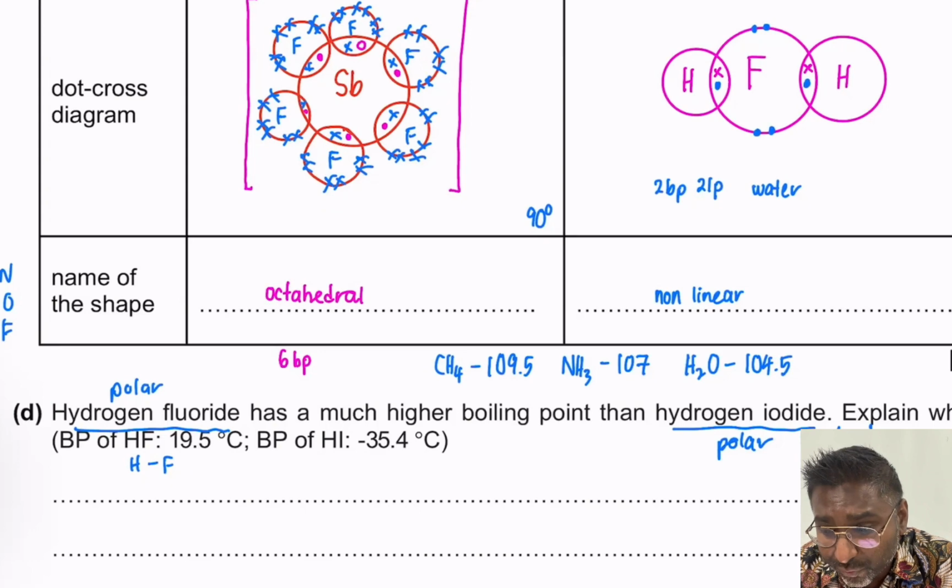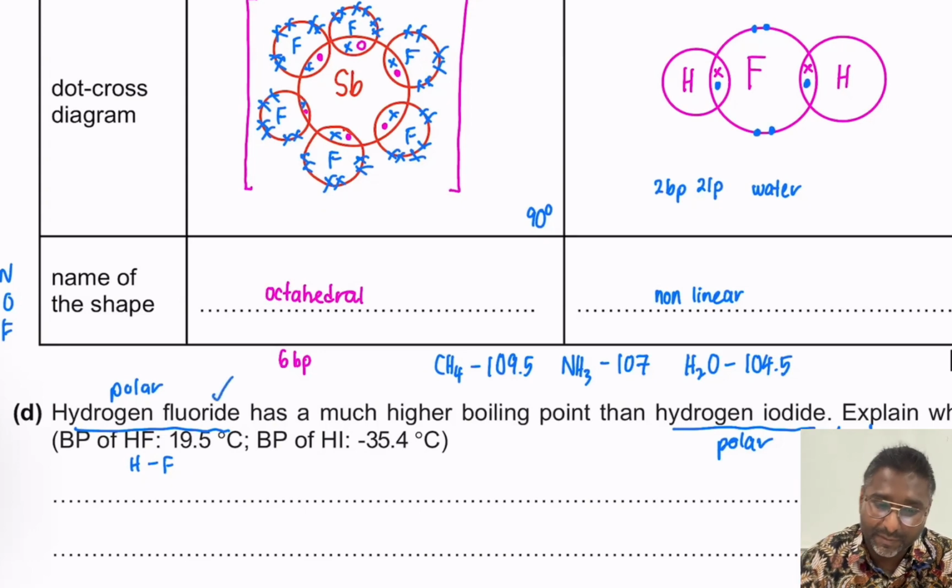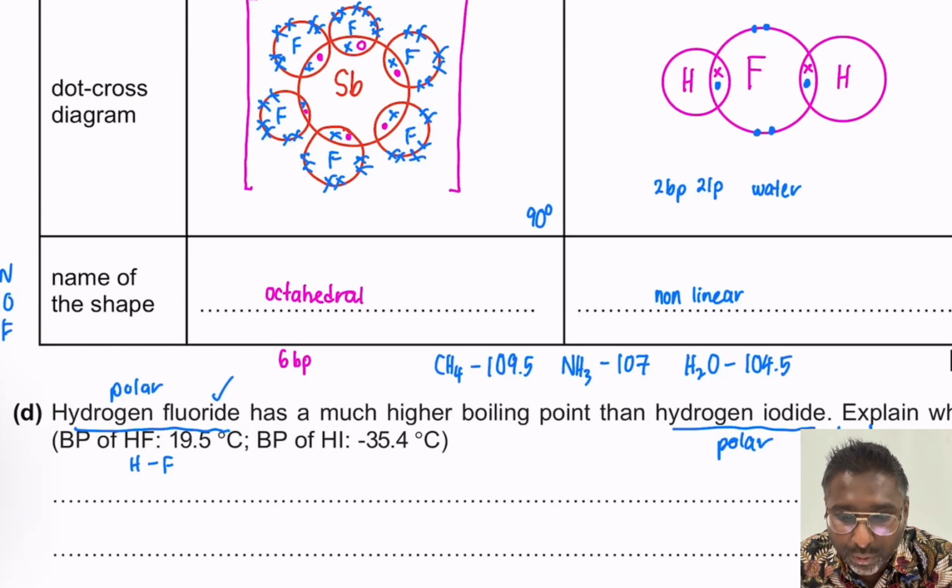Similar to that, you see this question: hydrogen fluoride has a higher boiling point than hydrogen iodide. It means the focus is hydrogen fluoride. So you don't go and explain too much about hydrogen iodide. You don't answer that hydrogen iodide is polar and contains permanent dipole. I don't want you to answer like that.